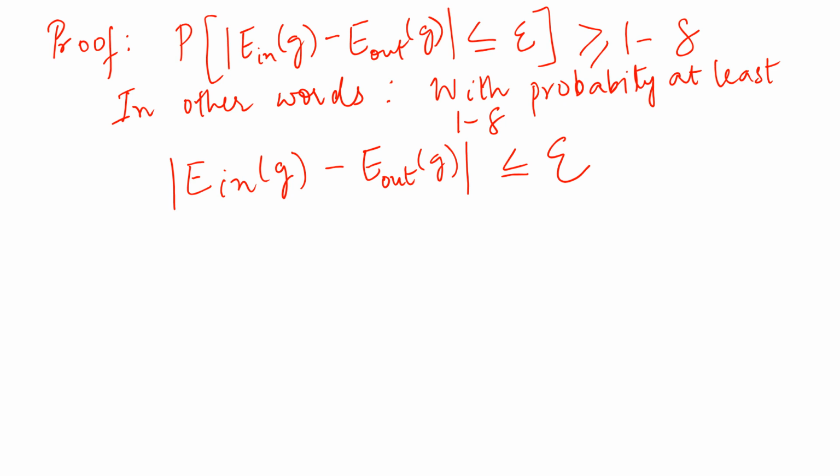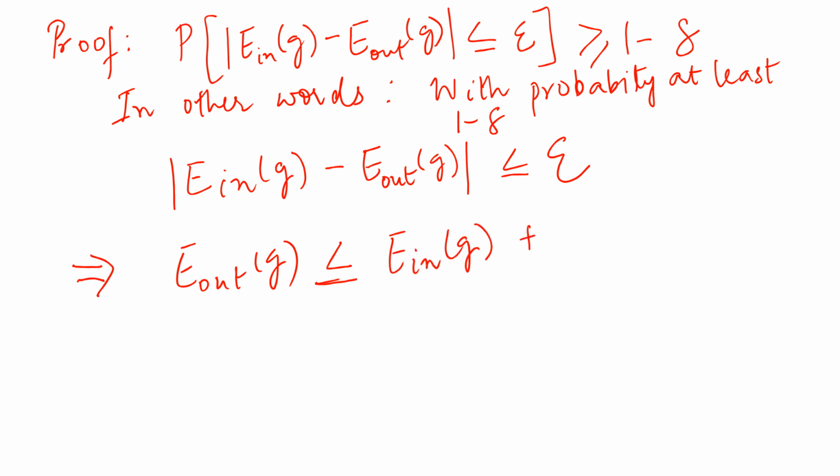In other words, we can rewrite this. This implies, I can say that E out g is less than or equal to E in of g plus my tolerance.